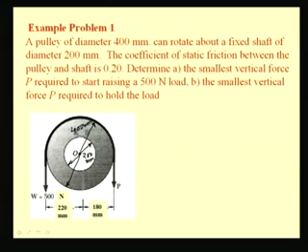Here we assume that the impending slippage does not happen between the belt and the pulley, but rather the slippage occurs between the pulley and the shaft. So, the slippage is on this surface and not on this surface.